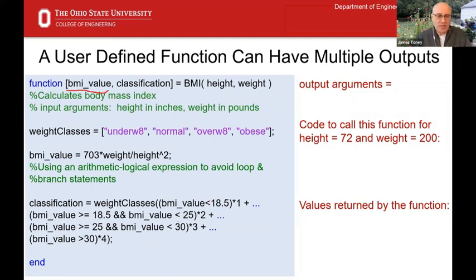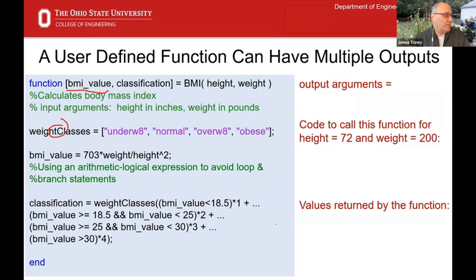Only one of them is true at a time. Therefore, only one of these terms is non-zero. And the way it's set up here, this will evaluate to 1, 2, 3, or 4, depending on which one of these is true. And then I use that as an index to pick out one of the strings from this string array weight classes.